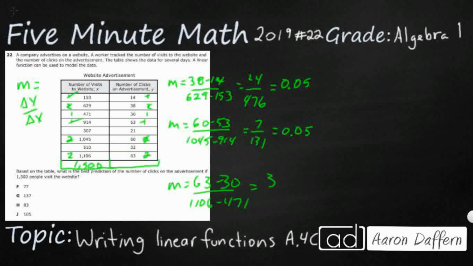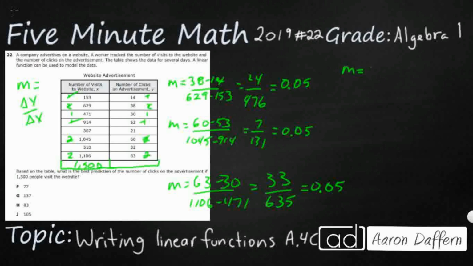So that's 33 over 635. Let's see what we get when we divide 33 divided by 635. What a surprise. 0.05. This one is 0.051. So it looks like we're pretty set on my slope. Okay? So looks like we have a positive slope of about 5 hundredths.